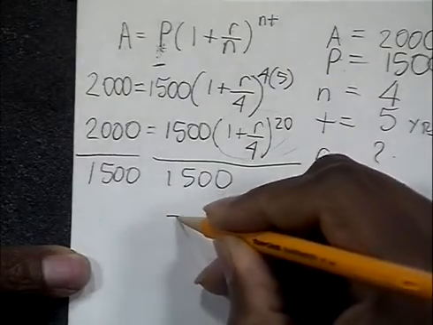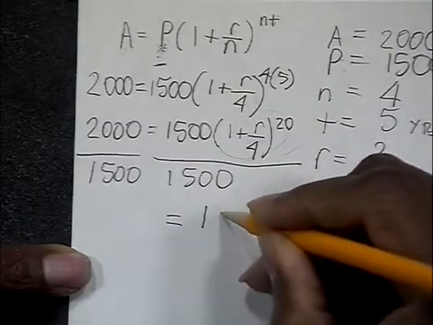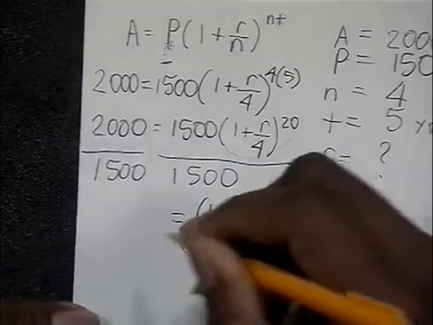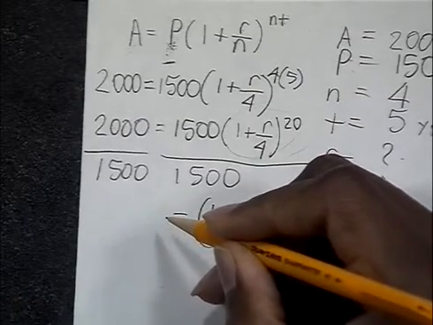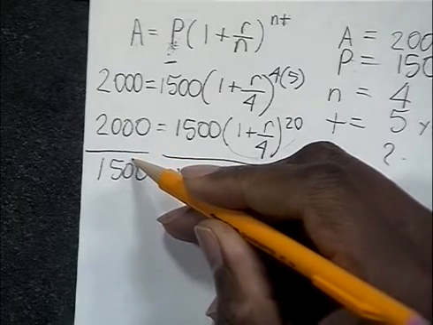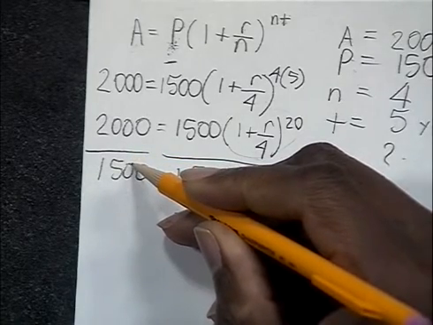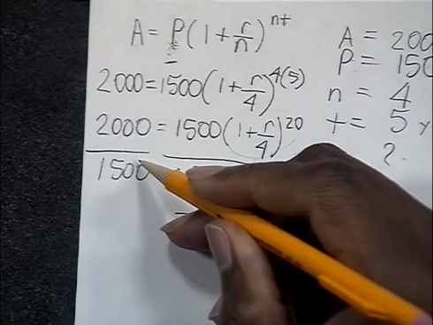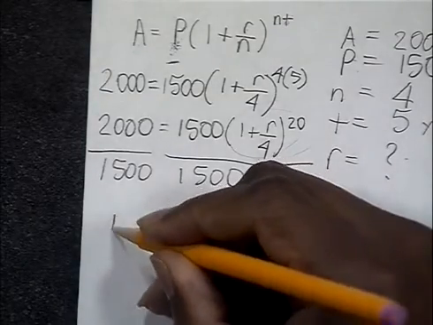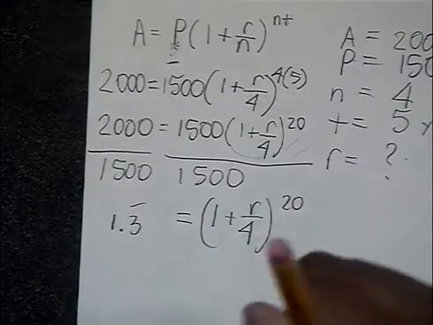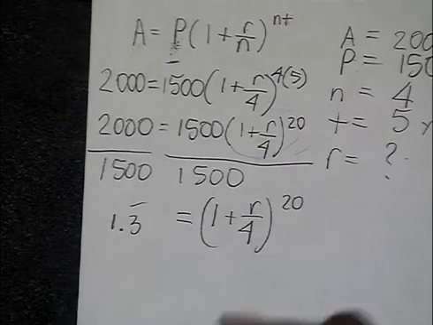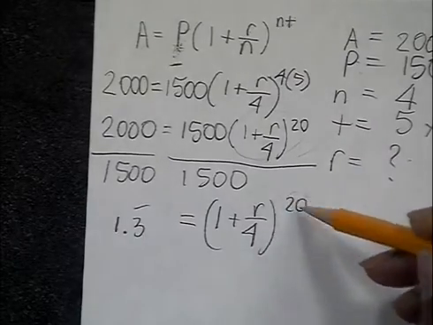And what we end up with is 1 plus r over 4 to the 20th power is equal to 2,000 divided by 1,500, and you end up with 1.3 repeating. All right, so now what you can do is you can get rid of this exponent.